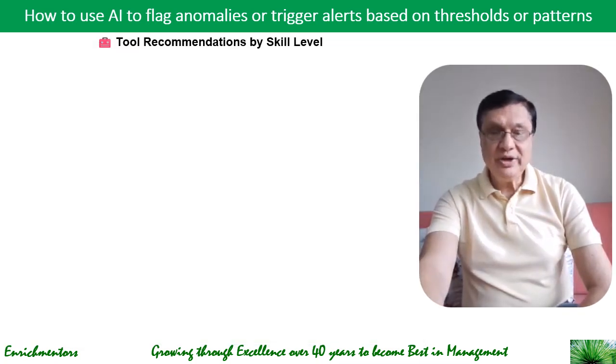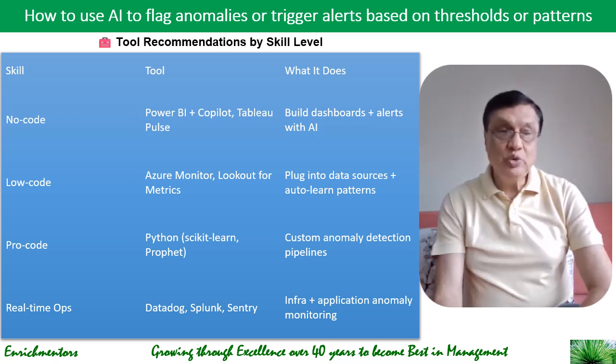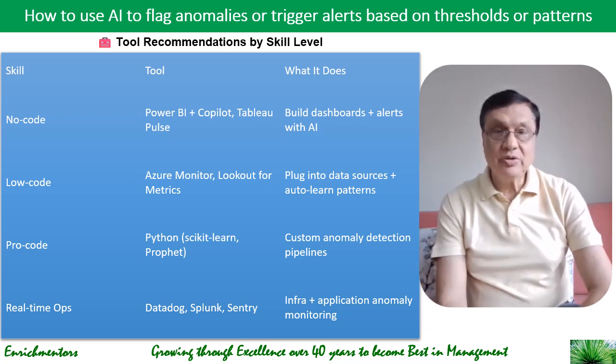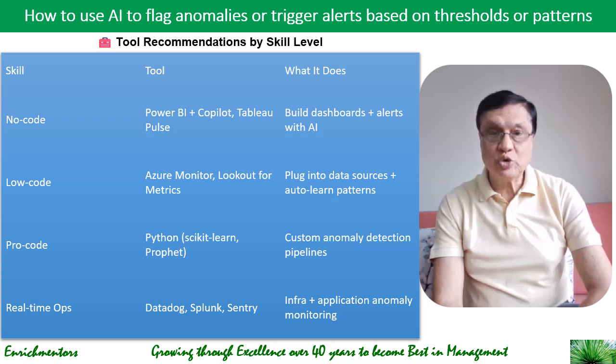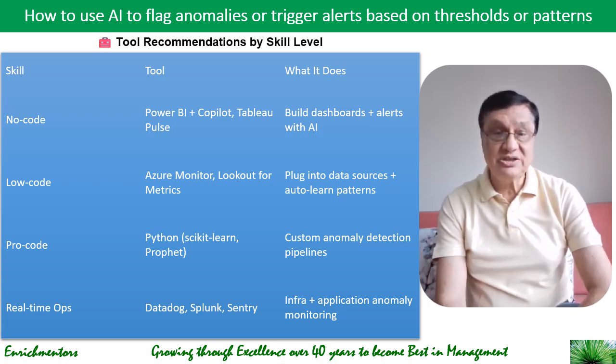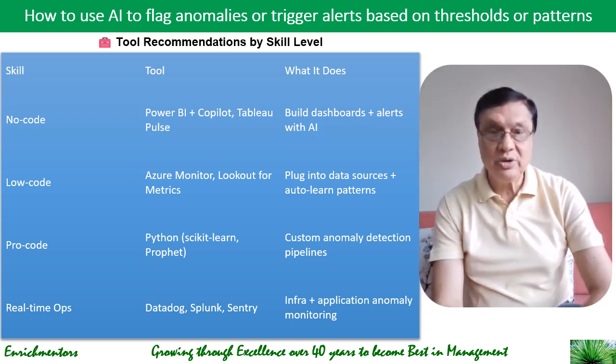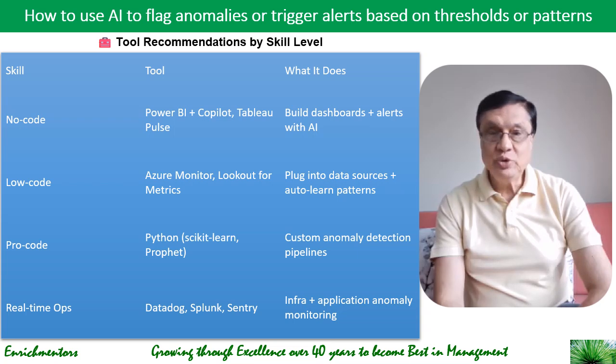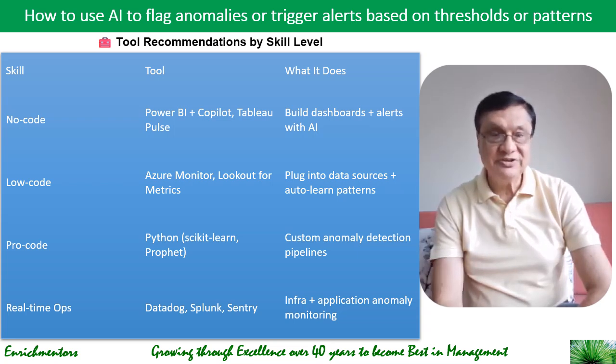Let's take a look at the tool recommendation by skill level. If you do not have any coding skill, your right tools are Power BI plus Copilot and Tableau Pulse, which build dashboards plus alerts with AI. If the coding skills are there but at a very low level, then you could use Azure Monitor or Lookout for Metrics, where you can plug into data sources and auto-learn patterns.